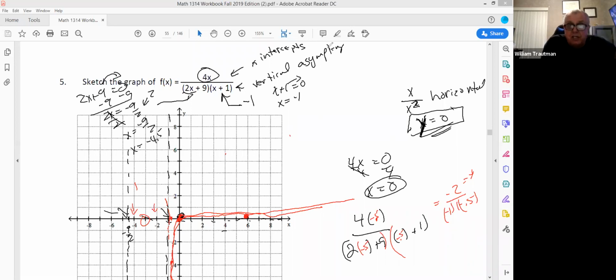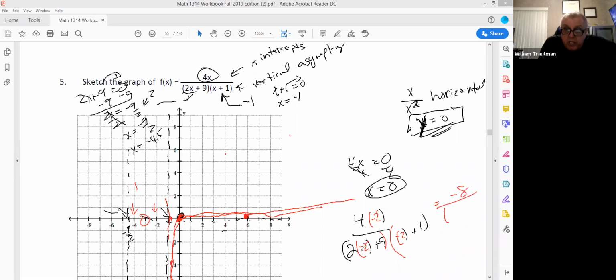I don't want to spend hours on this, but let me work out one at least. So we're going to plug -2 into the original equation. On the top, 4 times -2 is -8.